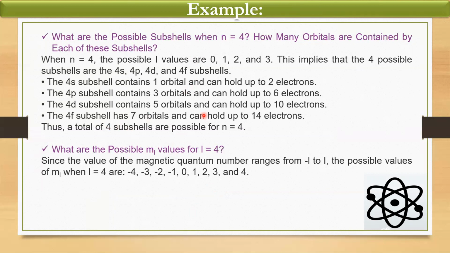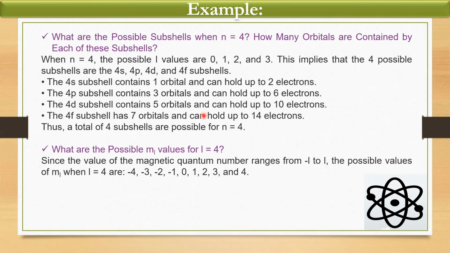That is 0, 1, 2 and 3. This implies that the four possible subshells are 4s, 4p, 4d and 4f. Because when L is equal to 0, it indicates the s orbital; L equal to 1 indicates the p orbital; L equal to 2 indicates the d orbital; and L equal to 3 indicates the f orbital.